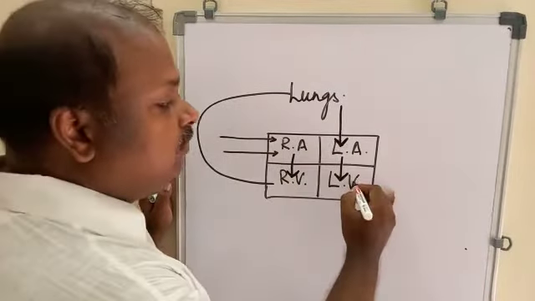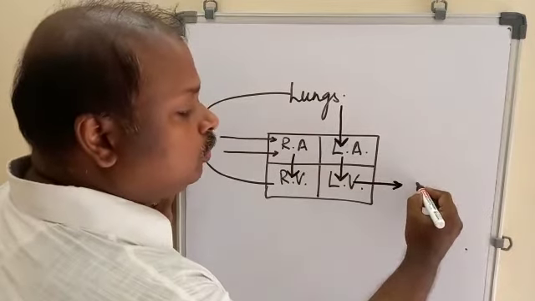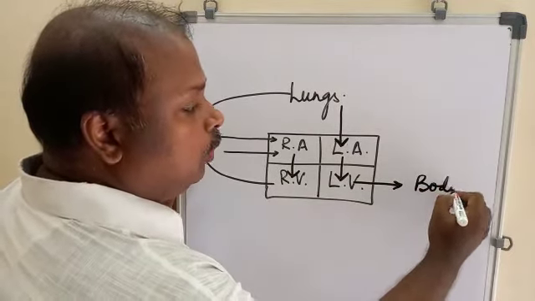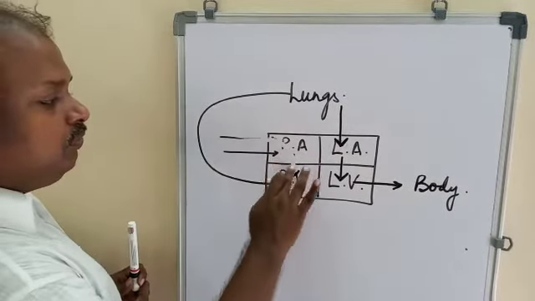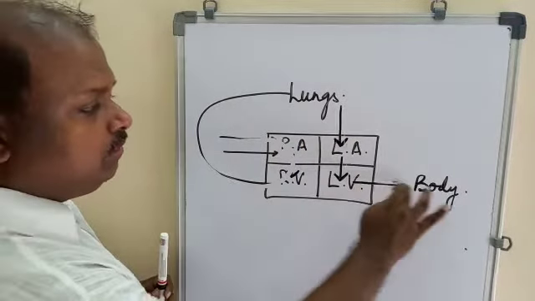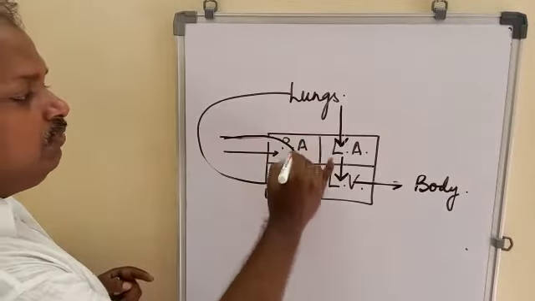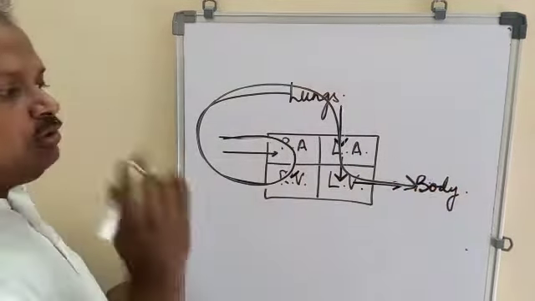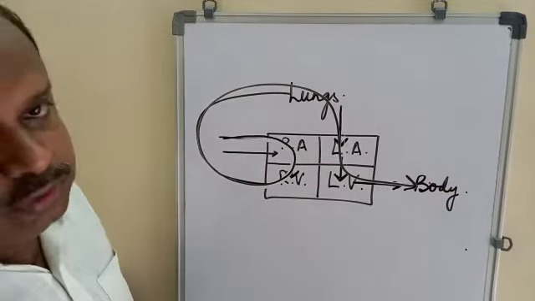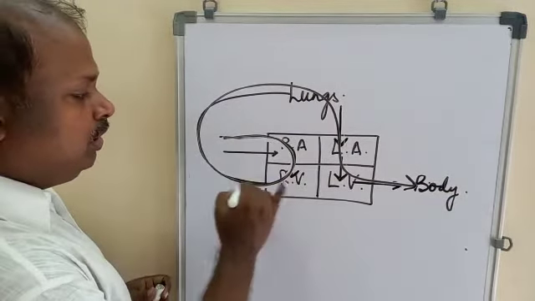And then from the left ventricle, the blood goes to all body parts. So this is the one full round we have when the deoxygenated blood gets oxygenated and reaches the body.